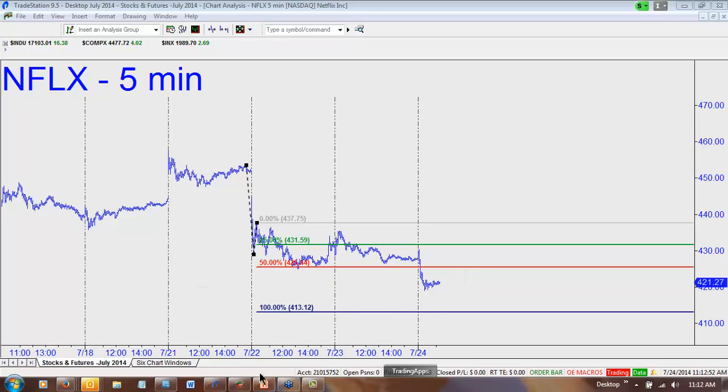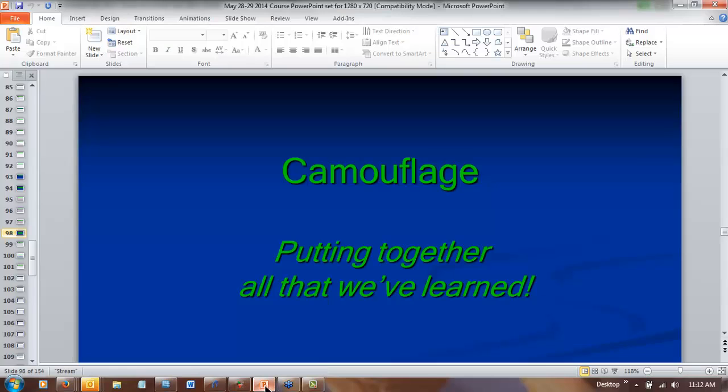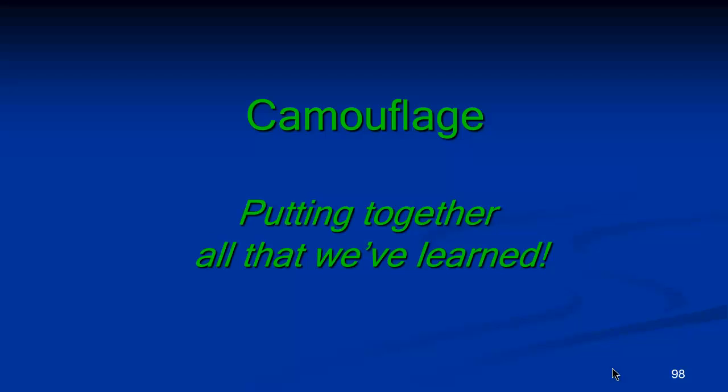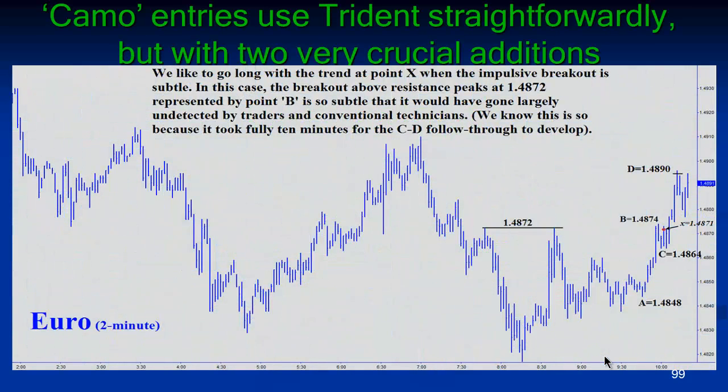So let me show you what used to be toward the end of the course, this idea of camouflage trading. Camouflage, the technique, brings together all of the techniques that are taught up to this point in the course, but in a visual scheme of things, I want you to see the camouflage trades when we start the course.